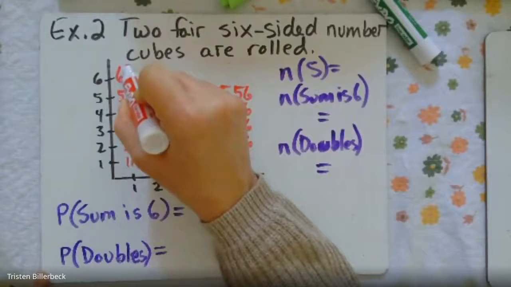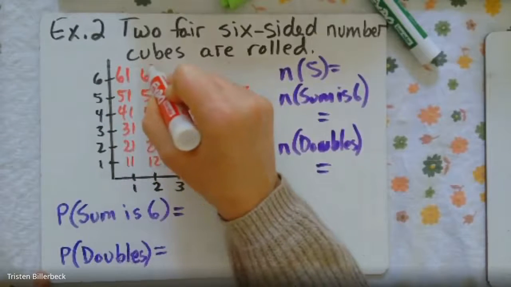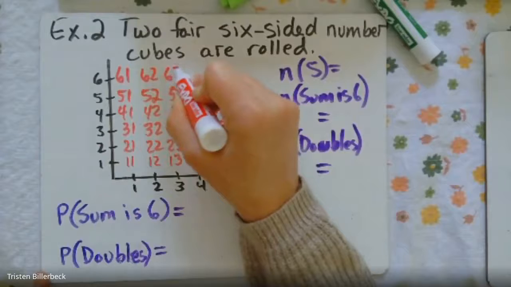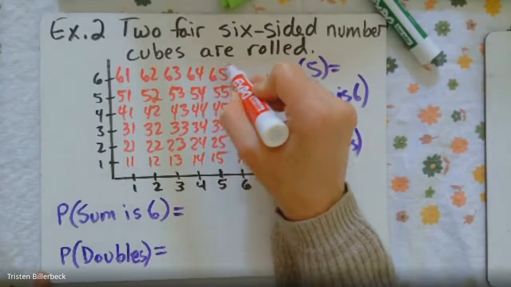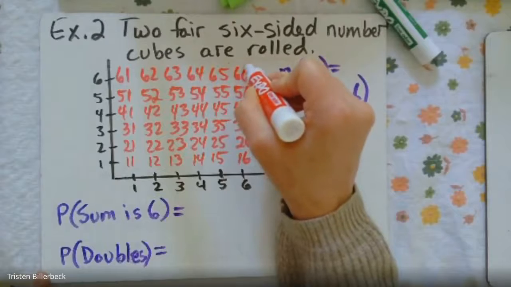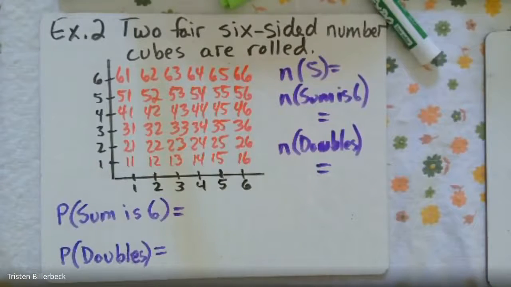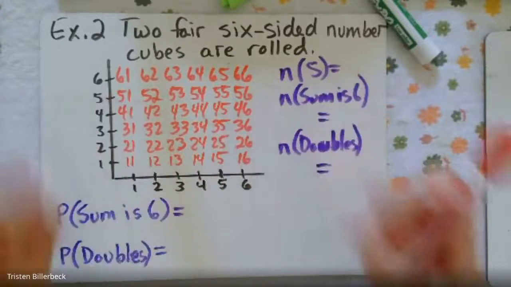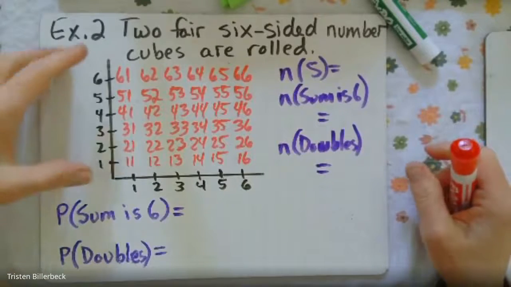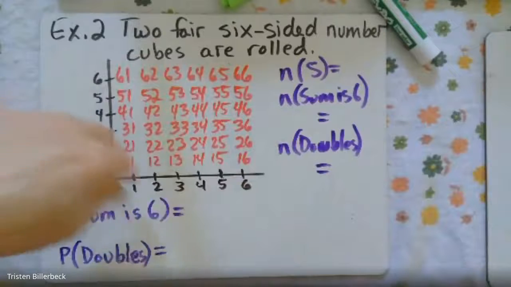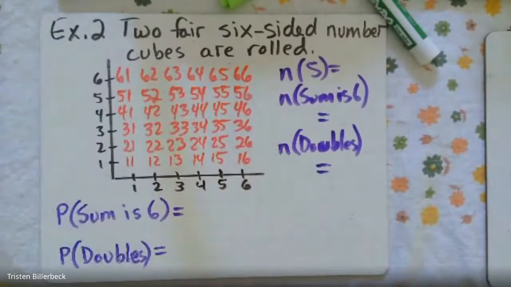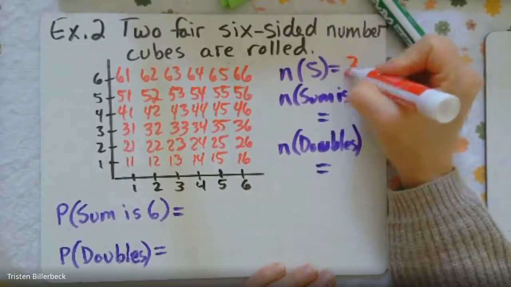And finally the last row, 6,1; 6,2; 6,3; 6,4; 6,5; and 6,6. Now we have the sample space here. Again, we could just multiply 6 times 6 instead of counting them all, and that's 36.